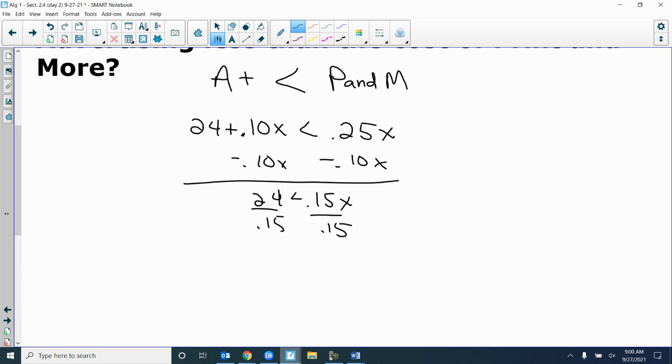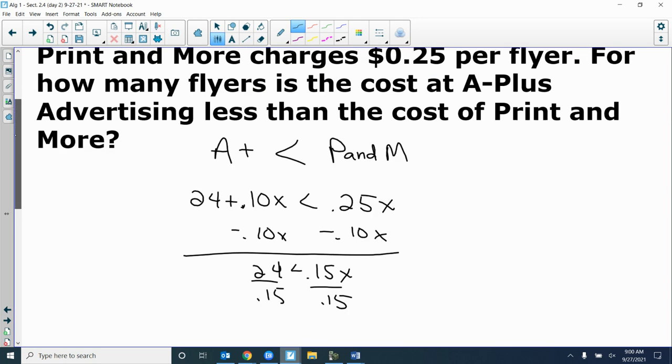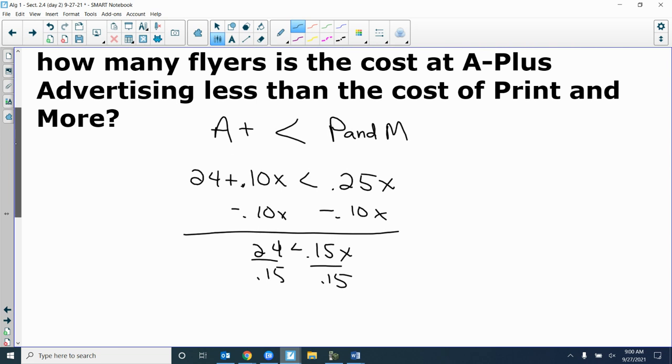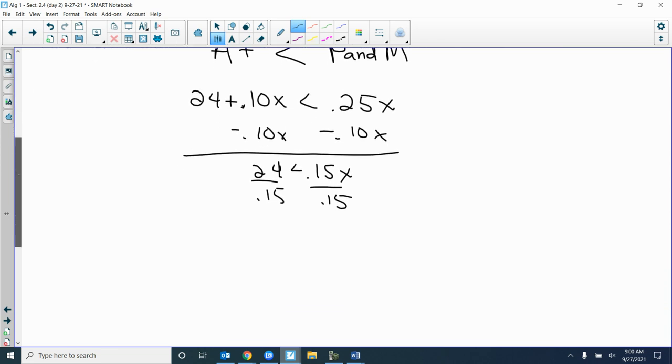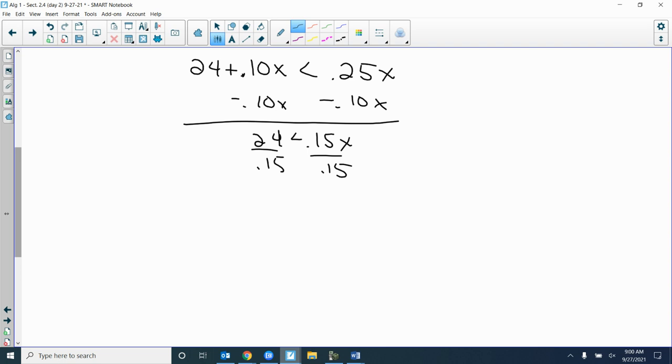That answered that question. For how many flyers is the cost of A Plus less than the cost of Print and More? What is 24? Maya, did you divide 24 by 0.15? Do that for me. I got 160. 160? Yeah. Okay. So right now I got 160.